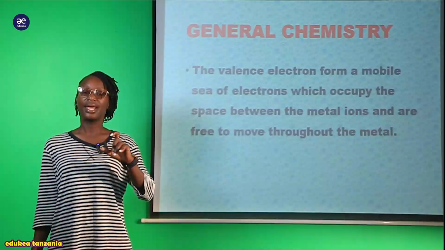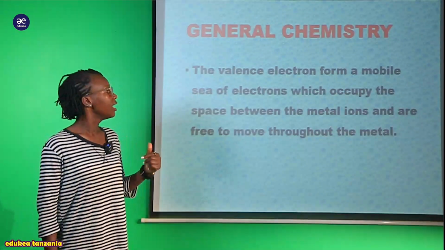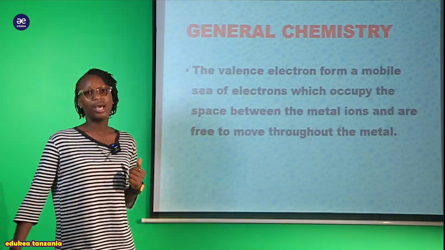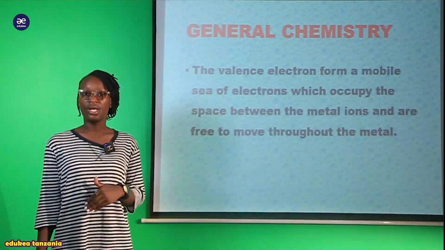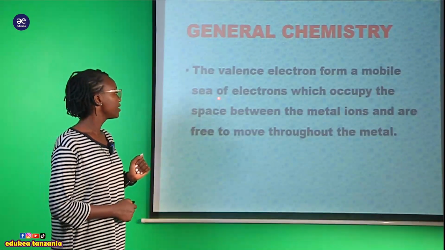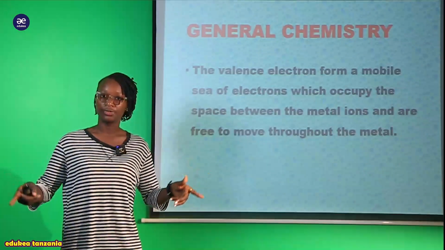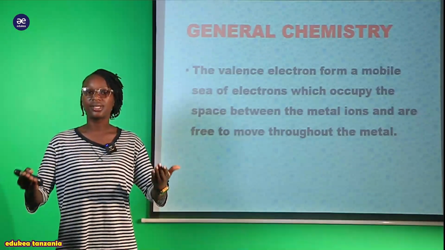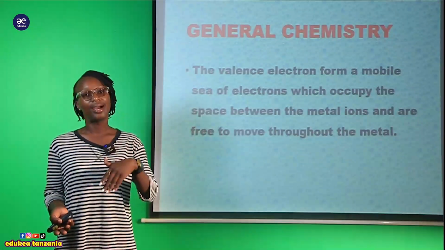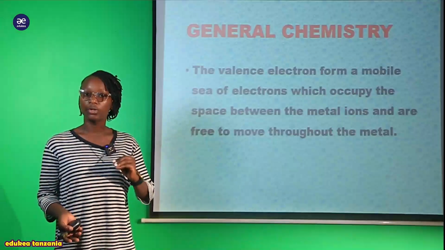These valence electrons tend to form this mobile sea of electrons, which tends to move. It occupies the space between the metal ions and is free to move throughout the metal. So those electrons are free to move, as much as possible.